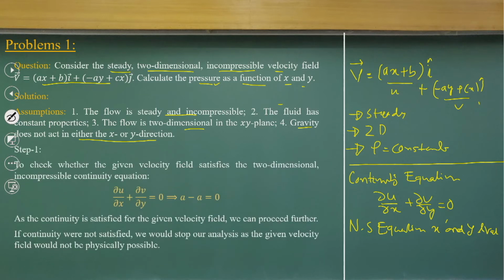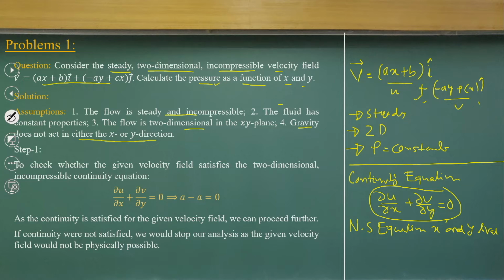Now first check whether this velocity field satisfies the continuity equation. If it does, then this is a valid velocity field for which we can derive the pressure field.